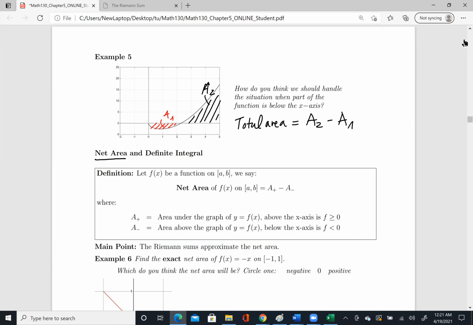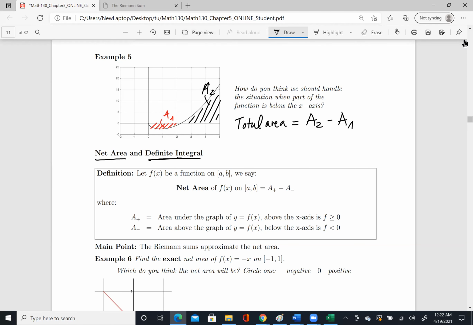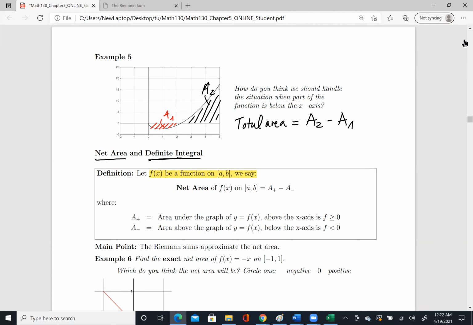Let's talk about net area and the definite integral. The definition is: let f(x) be a function on [a, b]. We say the net area of f(x) on a to b is equal to A positive minus A negative.